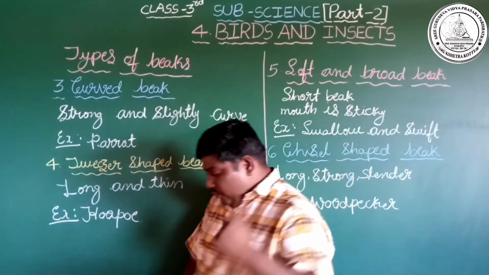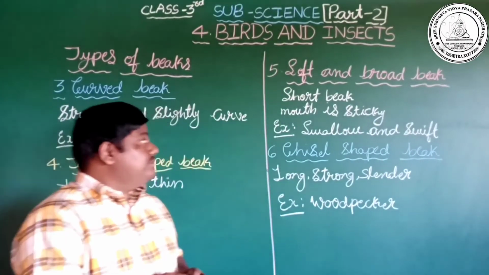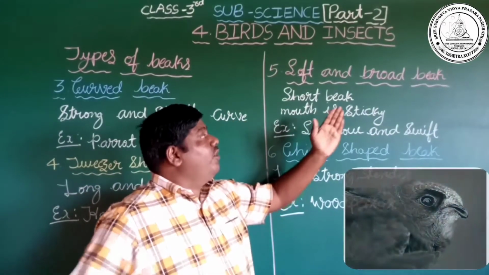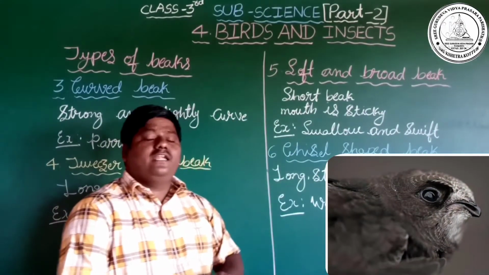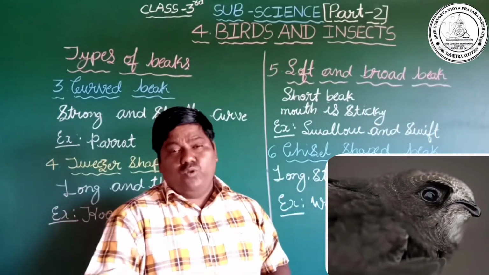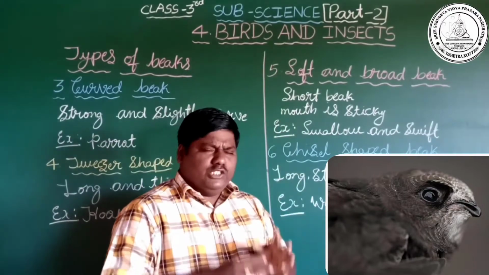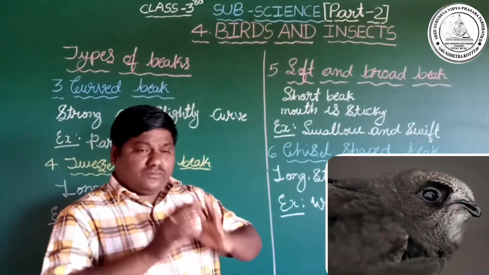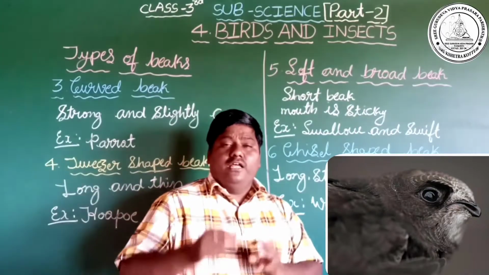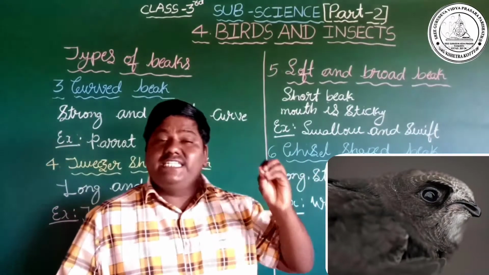Next, the fifth one. See here, the fifth type of beak is the soft and broad beak. The birds look like a sparrow. They have a short beak and their mouth inside is very sticky.